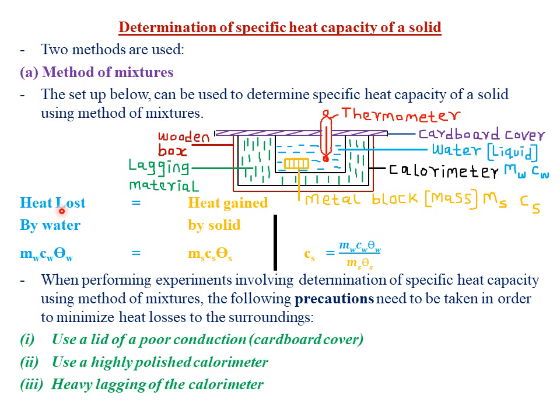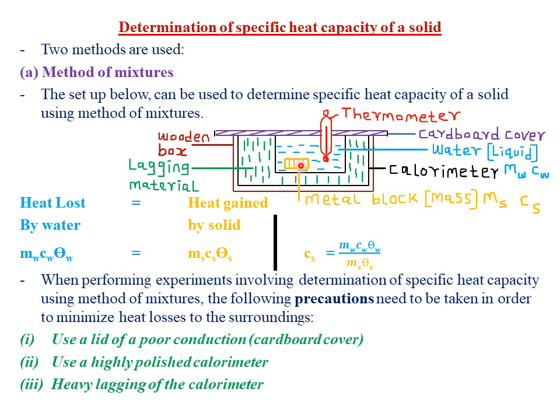So in this particular case, because we are taking a metal block which is initially at room temperature and putting it into hot water, it simply means that the hot water will lose heat. Therefore, the heat being lost by the hot water must be equal to the heat being gained by the solid.